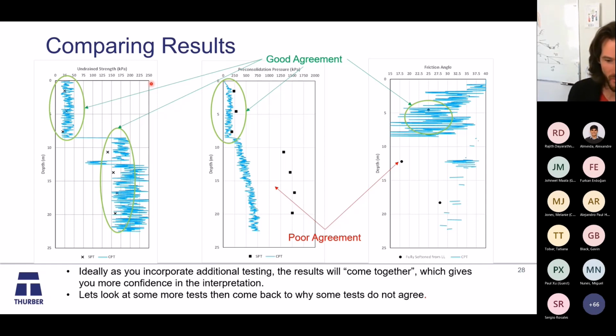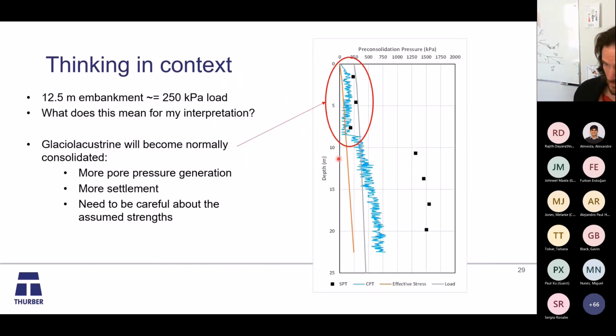That gives us more confidence in our interpretation. So I'm going to go through some more tests to look at why some may or may not agree. On here, we've got some relatively good agreement, but then we've got these areas where we're seeing a large disagreement, and that could be significant for a project.